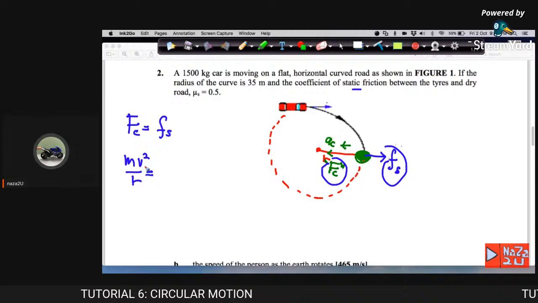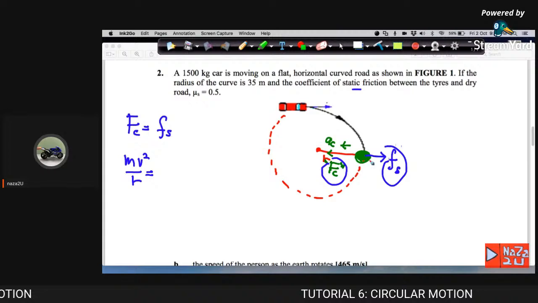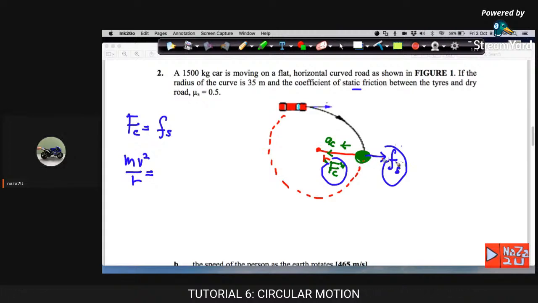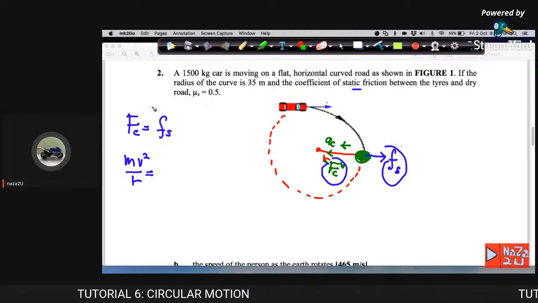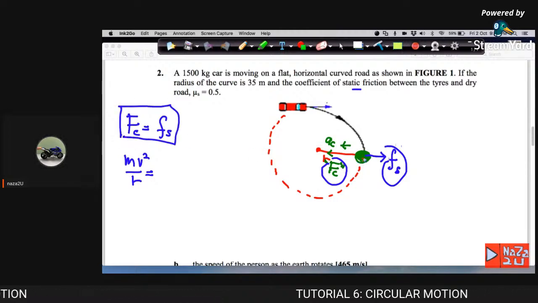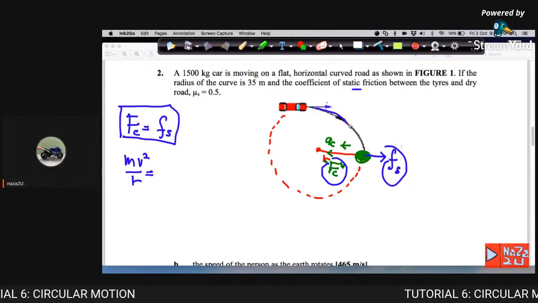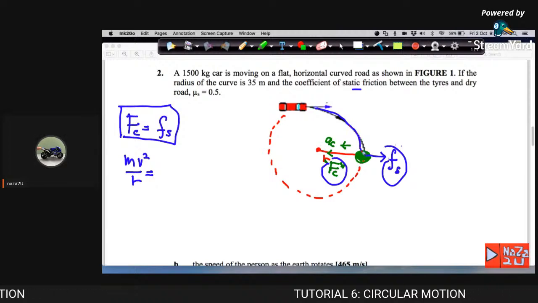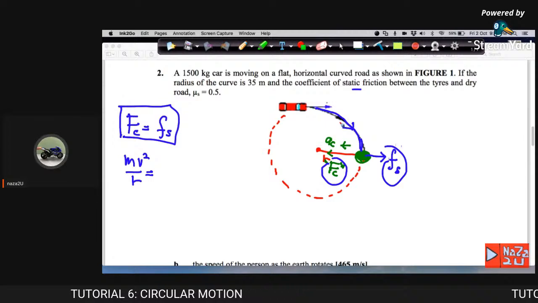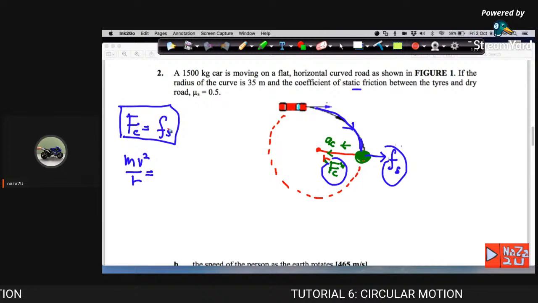So the direction of the F_c here is to the center, let's say to the left, but the direction of the friction force is to the right. But because F_c is equal to F_s, so meaning kereta ni tidak bergerak keluar, tergelincir keluar ataupun tergelincir ke dalam. So meaning dia continue moving, okay, on the curved road tanpa ada terbabas dan sebagainya. So dia kata successful, okay, moving in the curved road when F_c is equal to F_s.